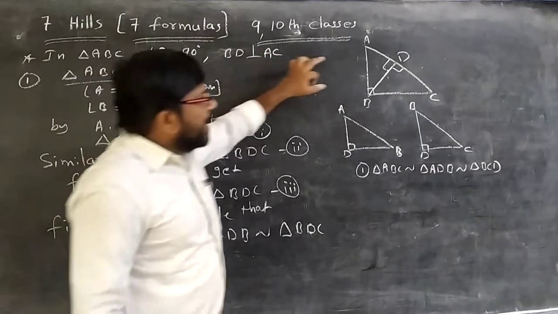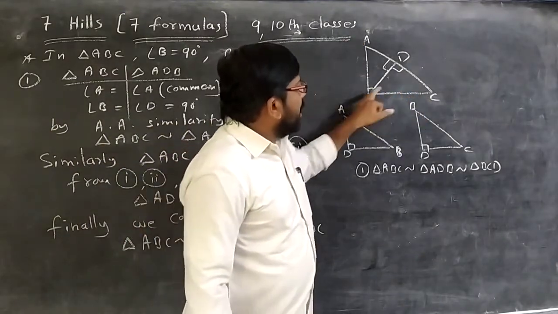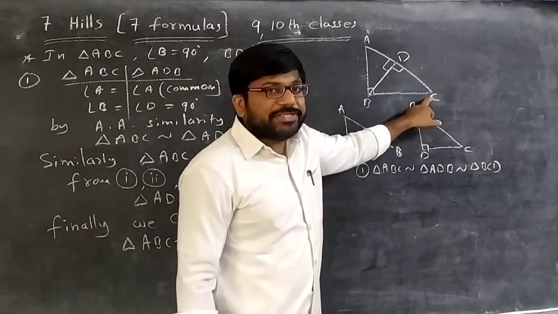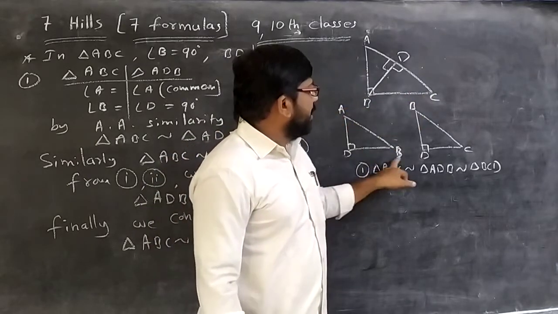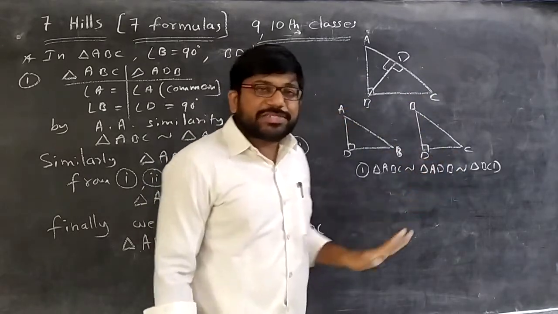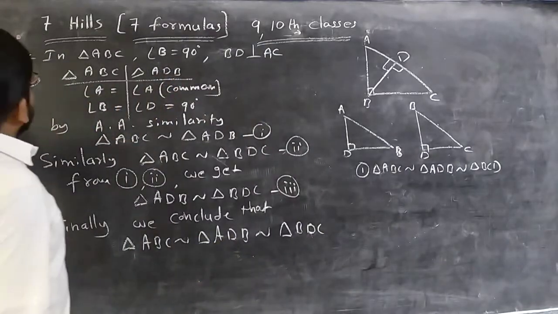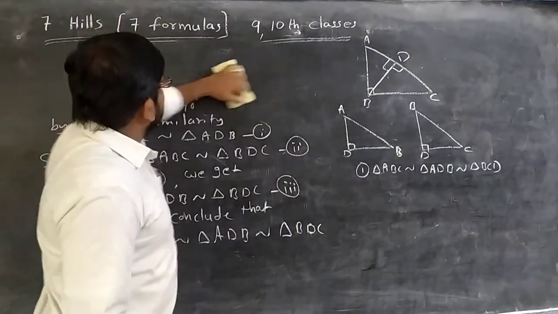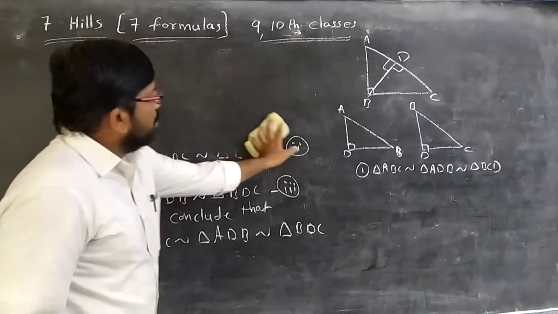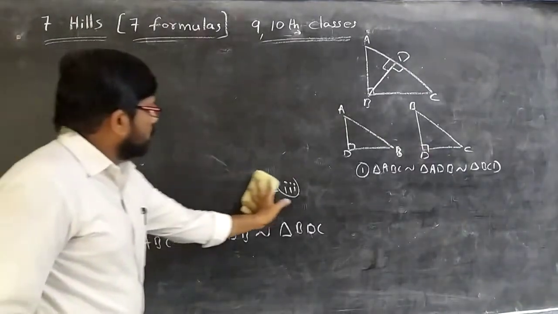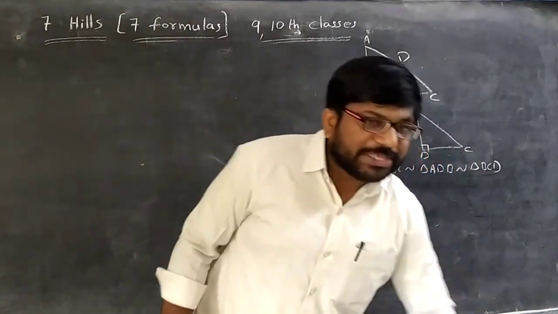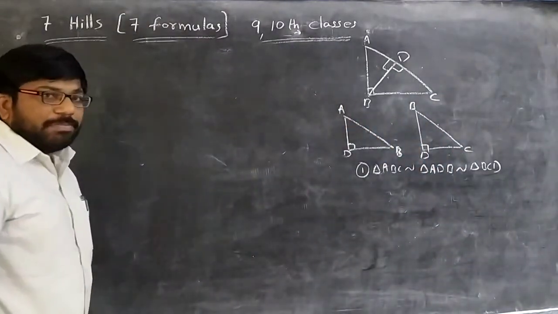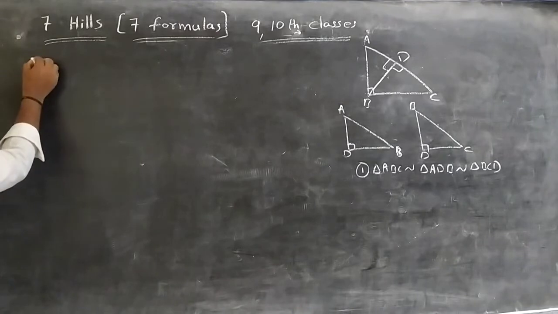In a triangle ABC, BD is perpendicular to AC, then ABC is similar to ADB is similar to BDC. First is completed, next go for the second formula.